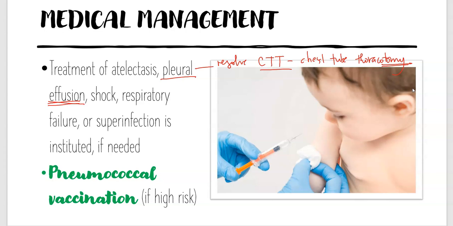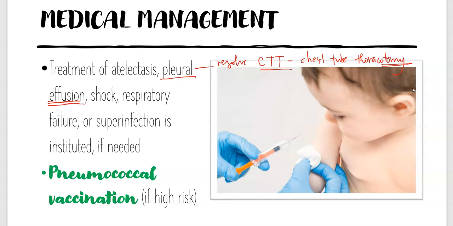Okay, but in a patient who has pneumonia already, you cannot have your thoracentesis anymore. Why? Because there's already an infection ongoing there. So in order for us not to have any additional superinfection or even another opportunistic infection to set in, we might as well use your CTT. Okay, this is to facilitate the drainage of those accumulated fluids in your pleural cavity.